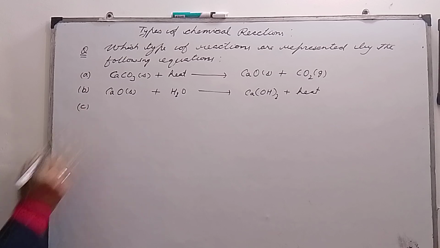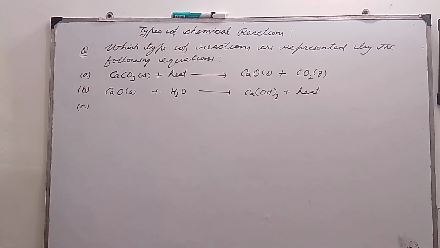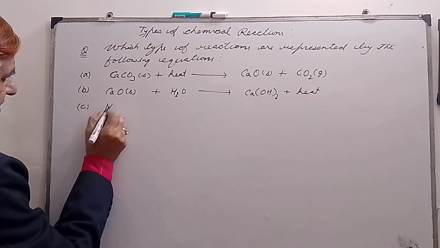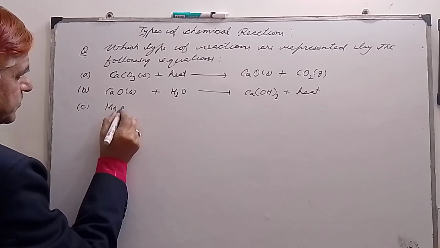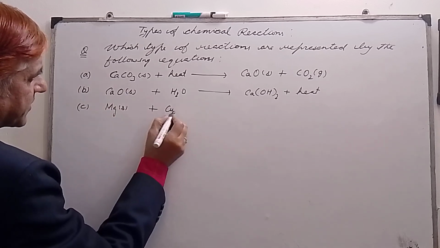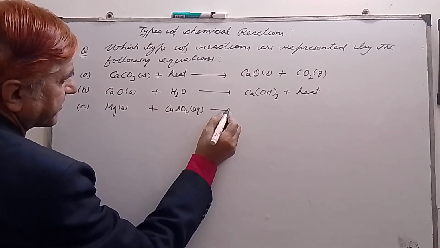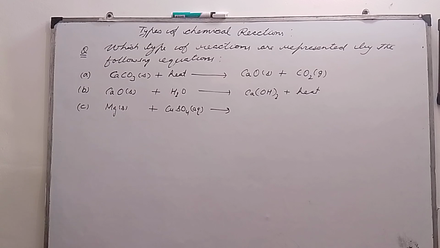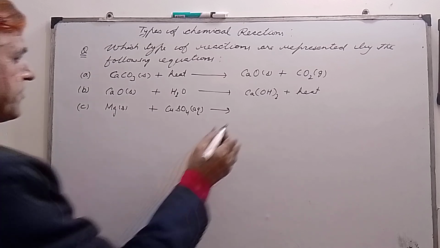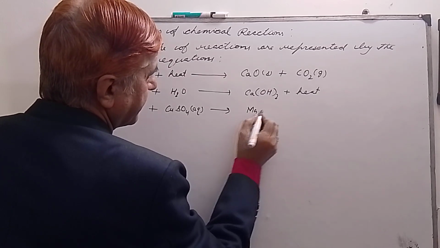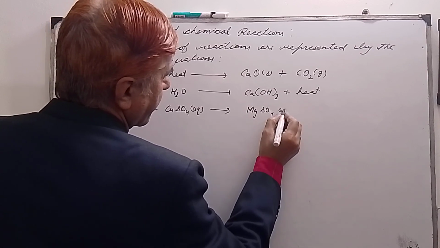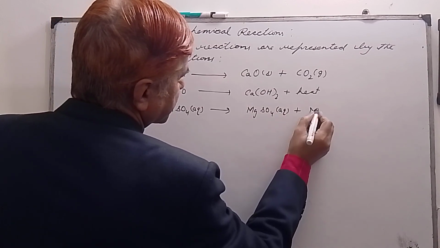Third is magnesium plus copper sulfate is equal to magnesium sulfate plus magnesium.